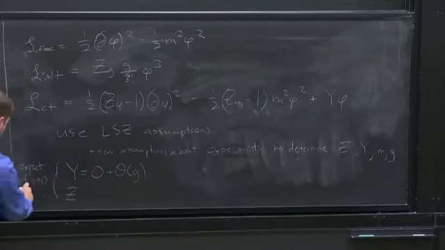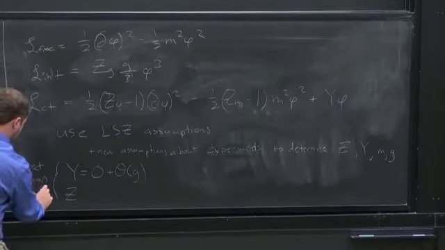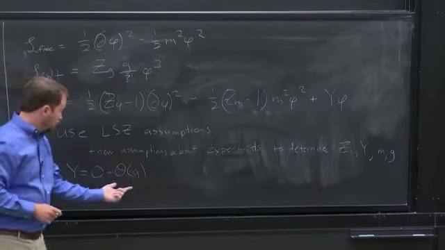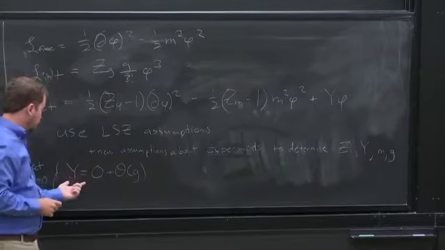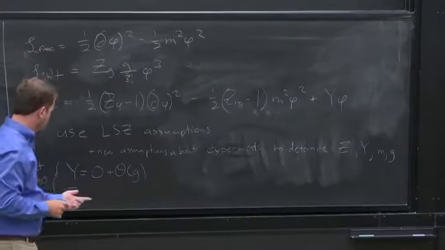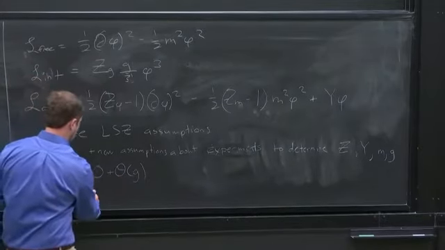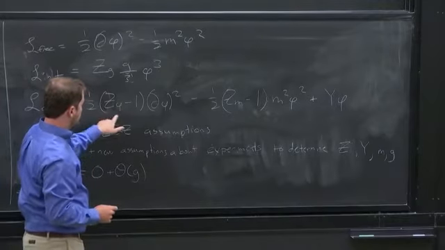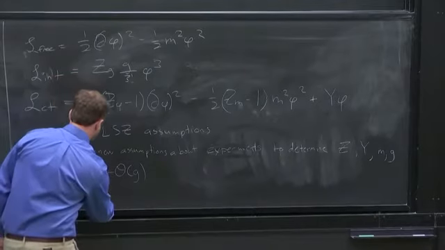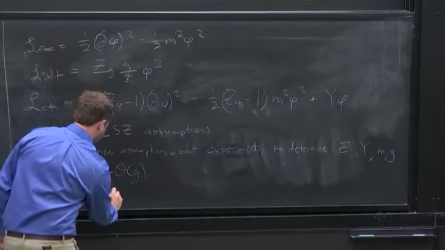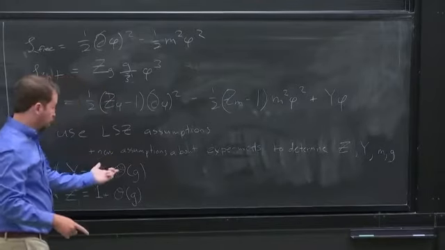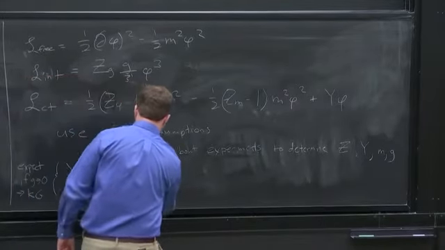If g goes to 0 gives us Klein-Gordon, then Y should be 0 plus some correction. And in general, we won't be able to find an exact formula for Y at all orders. We'll be able to determine it perturbatively. And the same for the Z's. We expect the Z's go to 1 in the limit that g goes to 0, and there are order g corrections. For this particular theory, what we'll find is that these are 0.